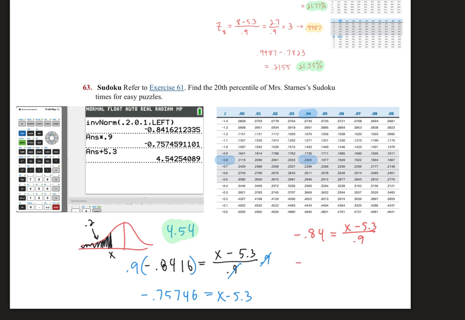That's negative 0.756. Then add 5.3 to both sides, and you get 4.544. So same thing really.